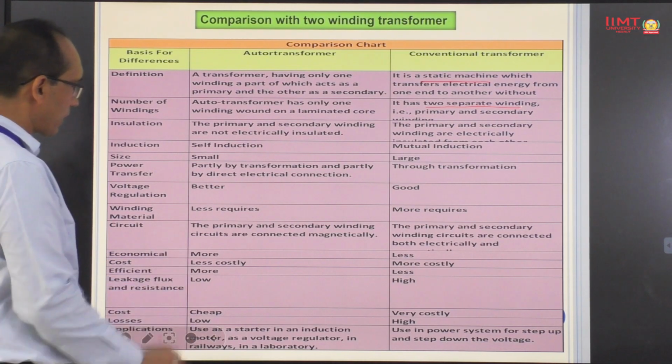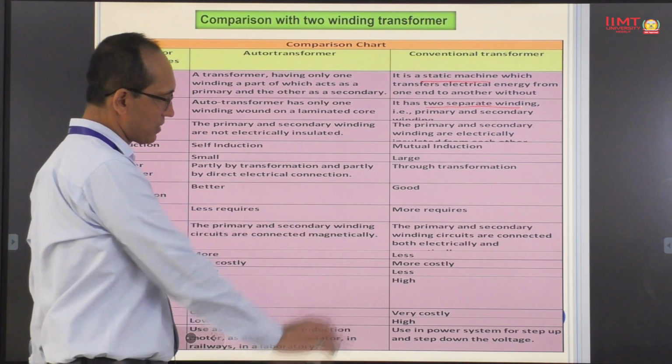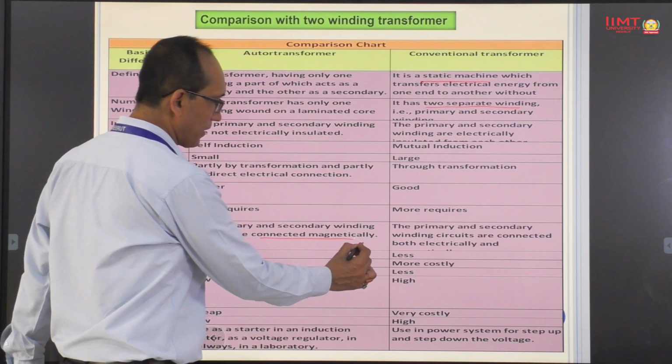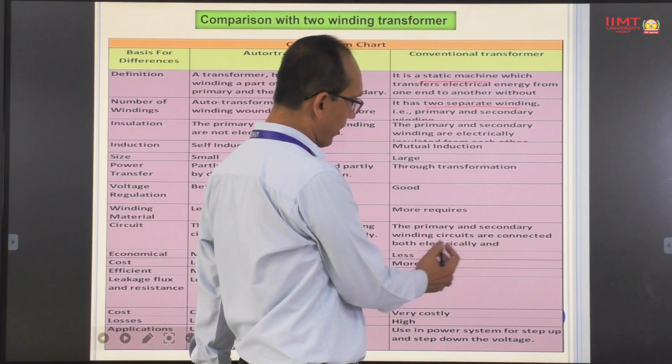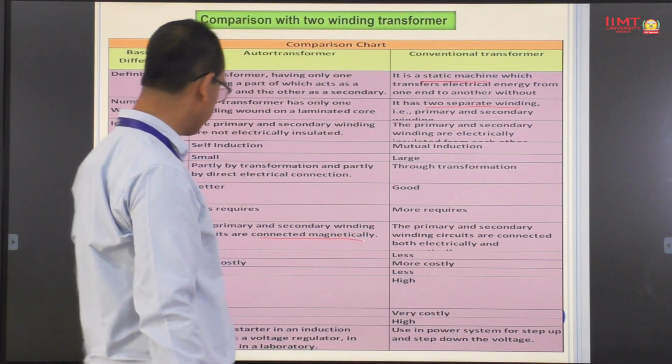And what about the circuit? The primary and secondary winding circuits are connected magnetically. But in case of two winding transformer, primary and secondary winding circuits are connected both electrically and magnetically.